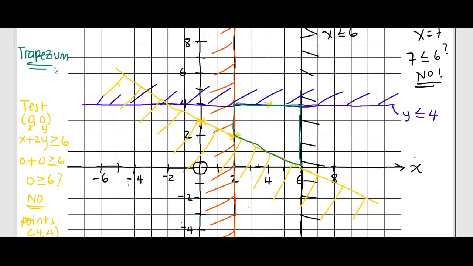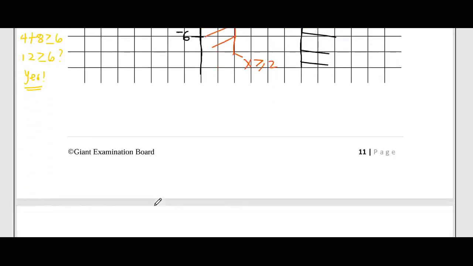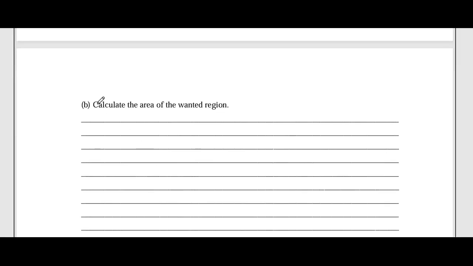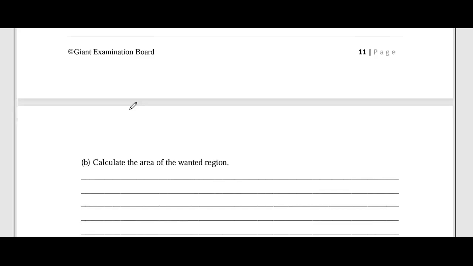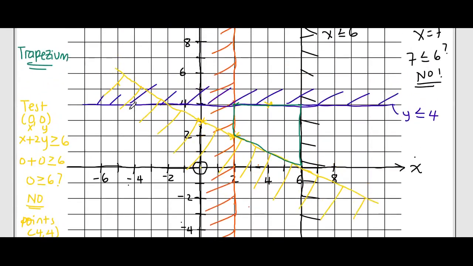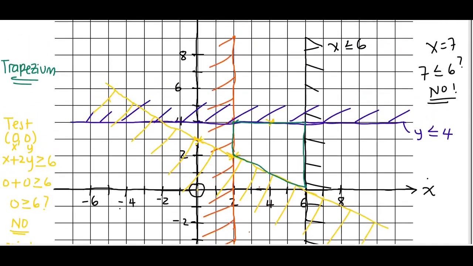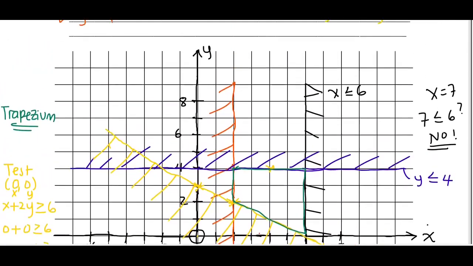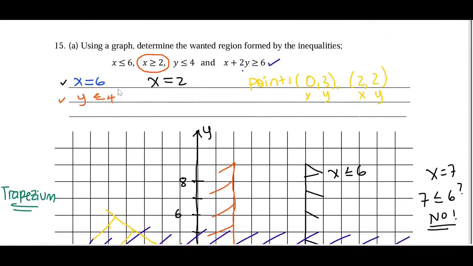And there are questions below that are asking about the area. Calculate the area of the wanted region. So we shall do that in part B. So this is the solution to number 15A.